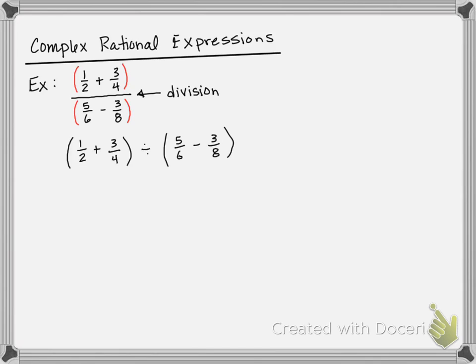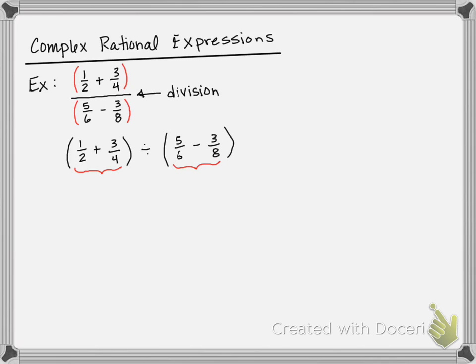So these look somewhat complex. But if you think of them in chunks, they're a little bit more manageable. So you want to think of doing this problem and doing this problem first. So think of it as two little separate problems before you worry about anything else.